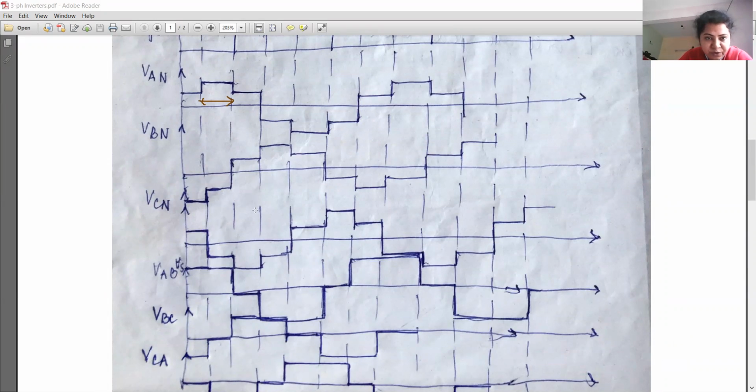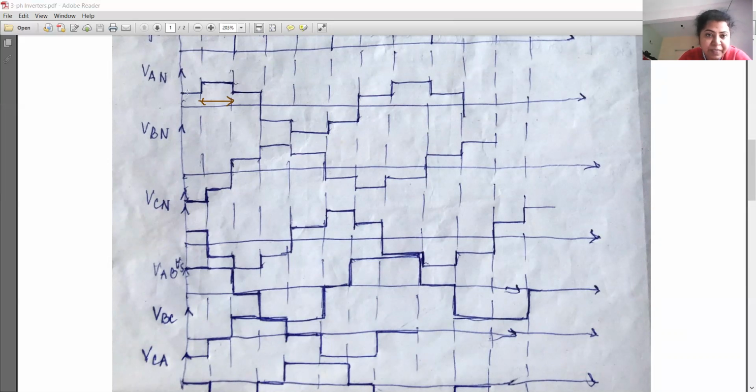So likewise, for all the intervals, we find the values of VAN, VBN and VCN, and we get a three-phase waveform for the values of the voltages. We get the values of the phase voltages which are displaced from each other by an angle of 120 degrees.